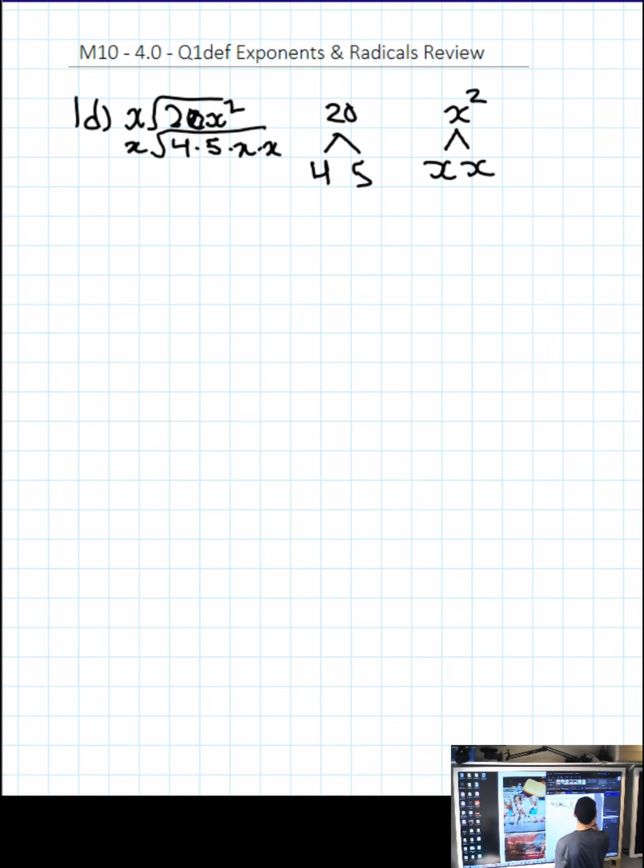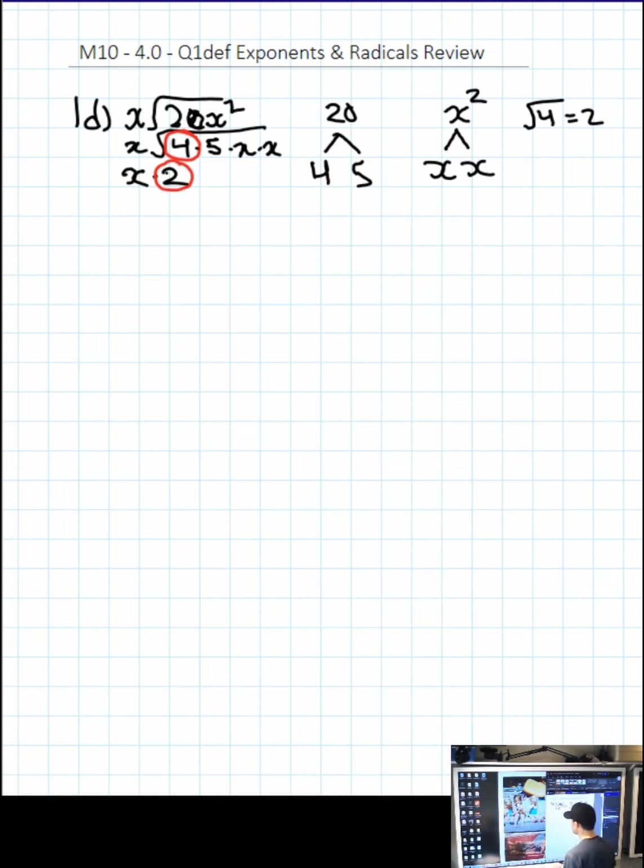Because the square root of 4 is equal to 2, I can just say x times 2. The 4 underneath the square root is simply a 2 on the outside.